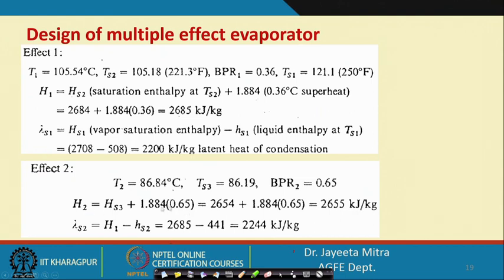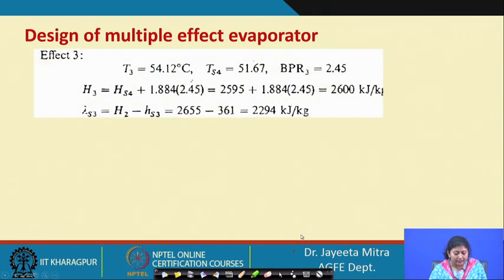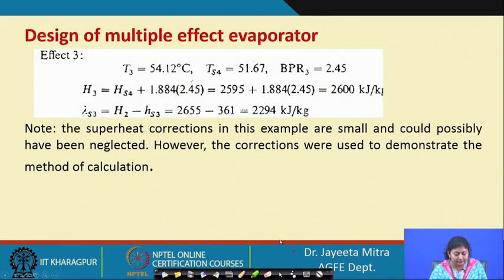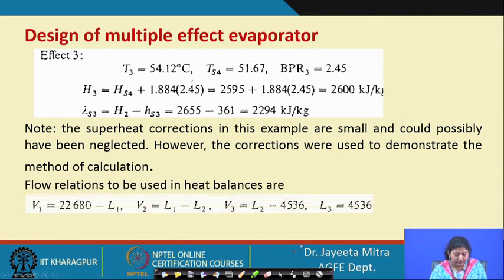So, that is H2, the steam that is entering. Again, lambda S2 we have calculated in the second effect. Like this, the heat transfer in all the effects we have calculated, and using that enthalpy, finally we can calculate V1, V2, V3 for all the effects.